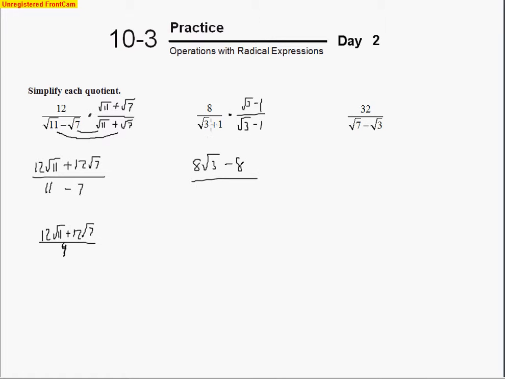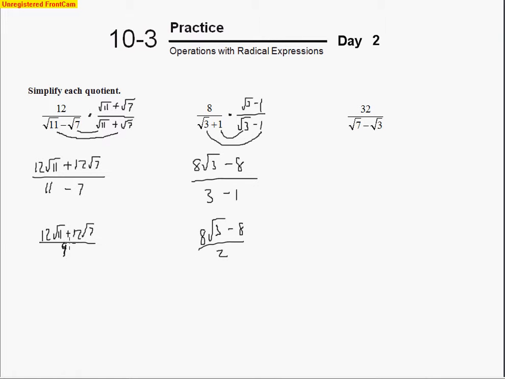And then down below, I've got the square root of 9. And then I take that square root of 9, which gives me 3. But notice that the outside and inside terms are going to cancel out because they are the same number but opposite in sign. 1 times negative 1 just makes a negative 1. So I'm left with 8 square roots of 3 minus 8 all over 2.